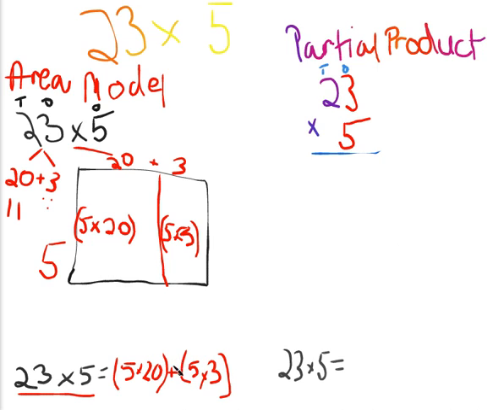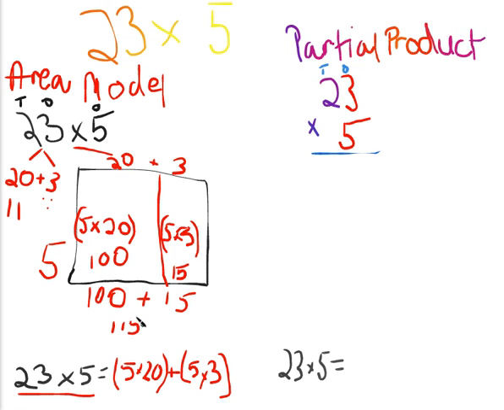Okay, 5 times 20 is 100, and 5 times 3 is 15, and we're going to add these two numbers together. So 100 plus 15, and that's going to give me 115, and that's my product.